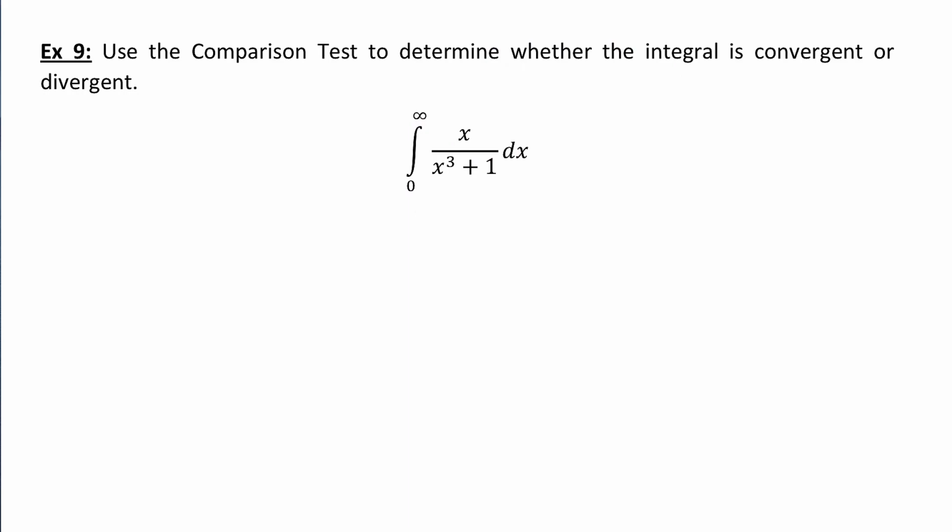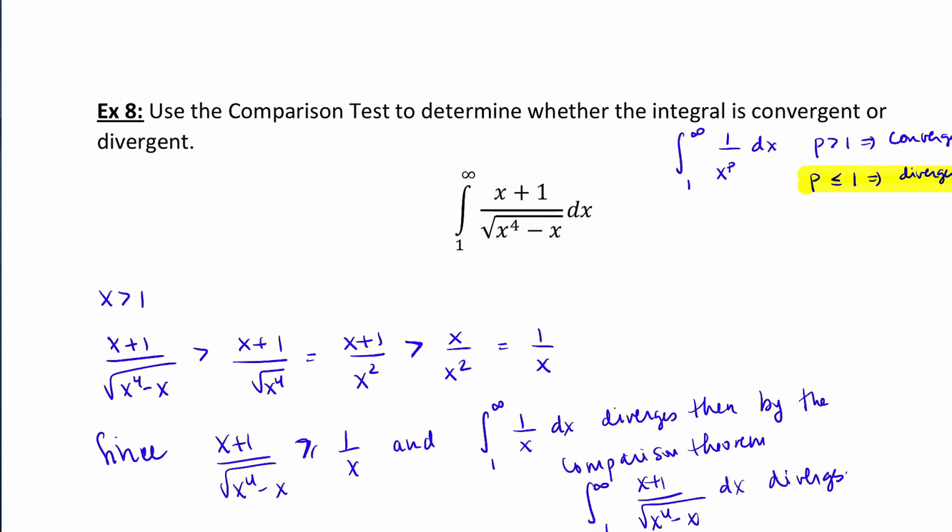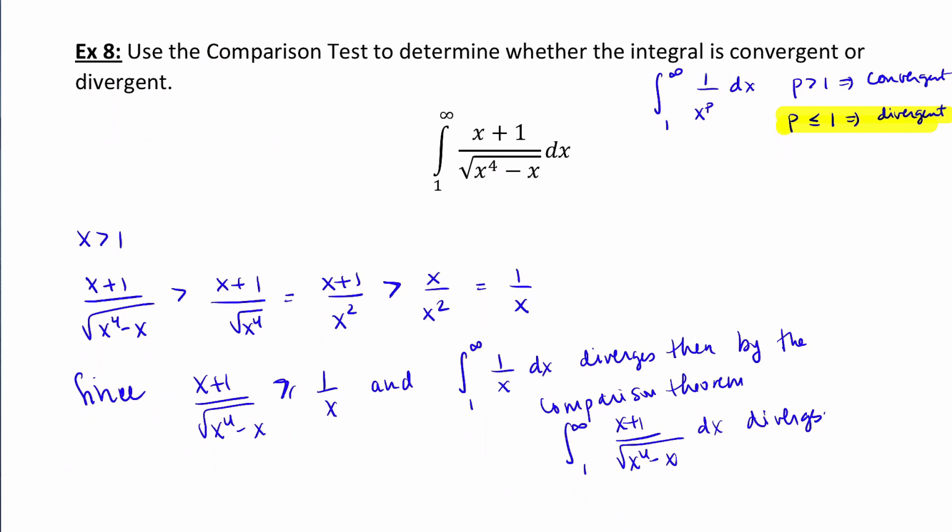Now we have to use the comparison test to determine whether the integral is convergent or divergent. We have to be careful here because we have the integral from 0 to infinity, and we're going to compare this integral to the one from theorem 2, which is the integral from 1 to infinity of 1 over x to the p dx, okay? Not a problem.